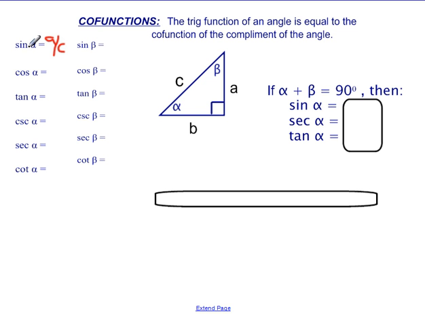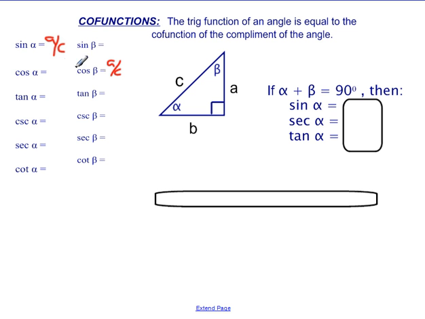Now, sine's cofunction would be cosine, because it has the co in front of the sine. So if I'm looking at cosine of beta, it should equal the same thing. So cosine of beta would be adjacent over hypotenuse, so that is also a over c. We could keep doing these for all these different functions, which we'll do in class.